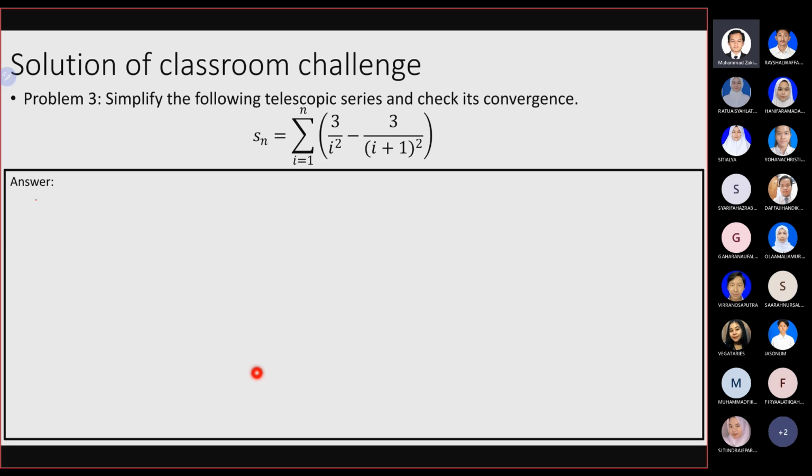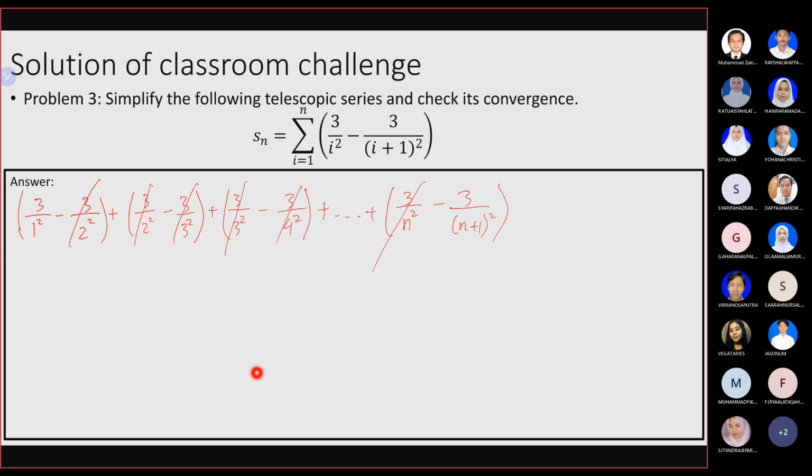So here we have 3/1 squared minus 3/2 squared plus 3/2 squared minus 3/3 squared plus 3/3 squared minus 3/4 squared plus so on, plus 3/n squared minus 3/(n+1) squared. So again, for this telescopic series, we can eliminate these guys.